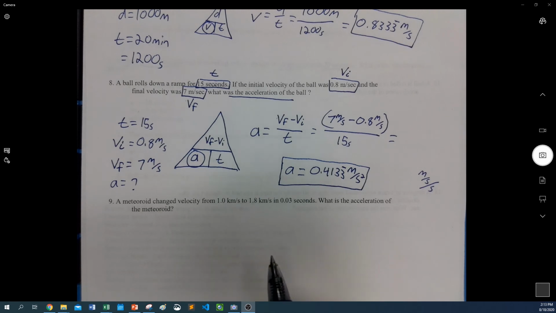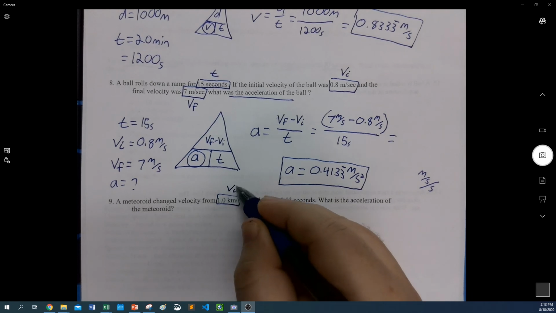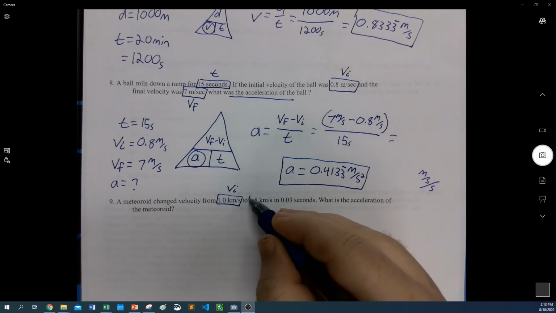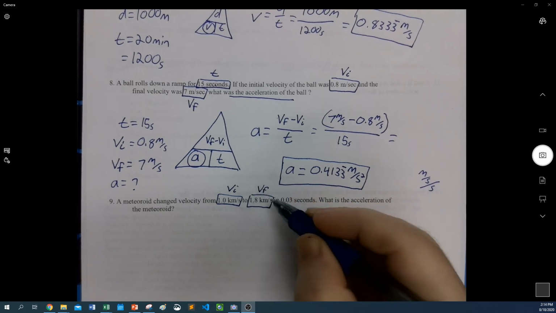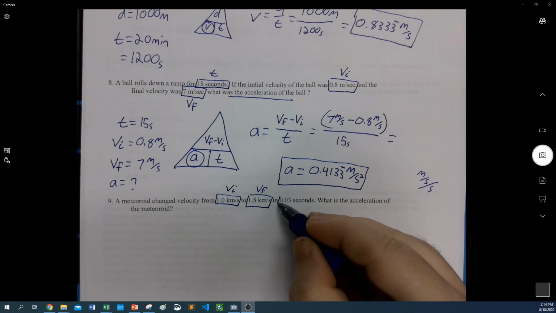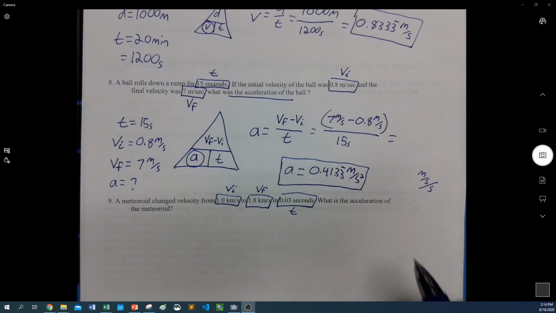Alright. So a meteoroid changes its velocity from this, which will be our initial velocity, to 1.8 kilometers per second. So that'll be our final velocity in 0.03 seconds. That'll be our time.